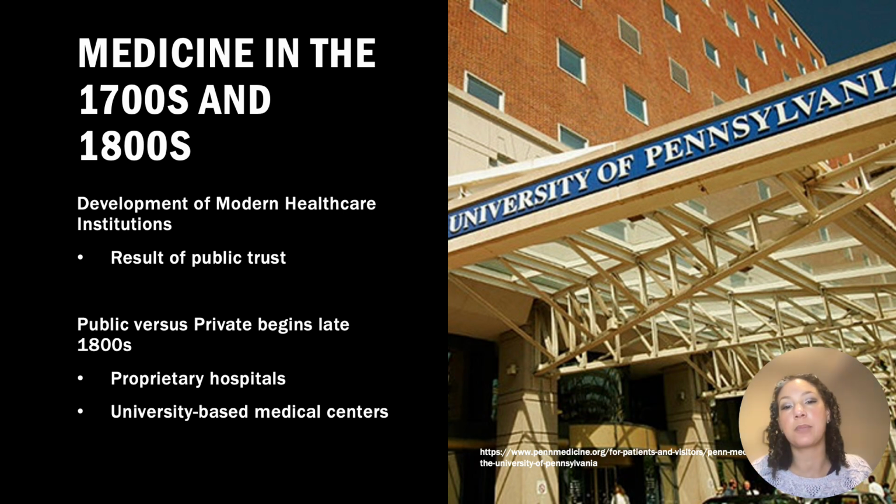Those are proprietary hospitals. And that's private, of course, and then another version of private were the university-based medical centers. So if you couldn't pay, they would help you, because a lot of it was educational and students were there. So those are our very early days.